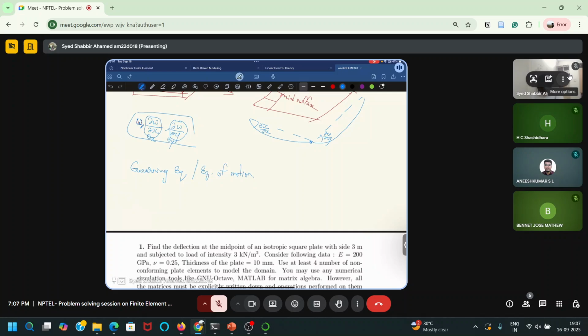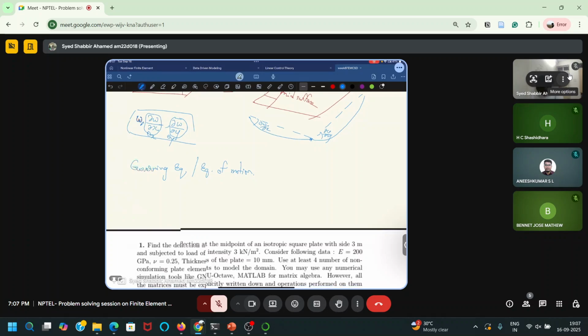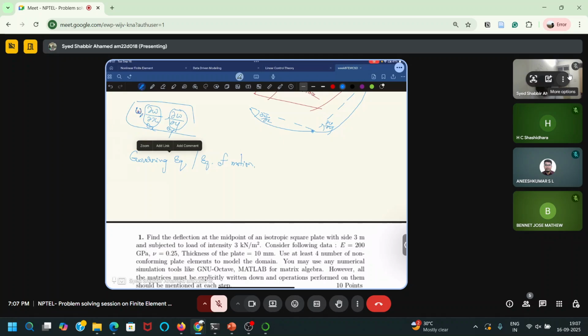There is also dynamics involved, so we'll also consider dynamics. This is my final equation for the analysis of the plate. If I solve this equation, I'll get how the plate is deforming, or I'll get w basically. Based on w, I can tell how the plate is deforming at various points in the domain.